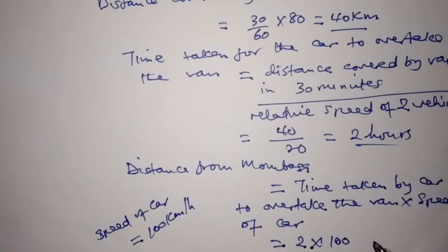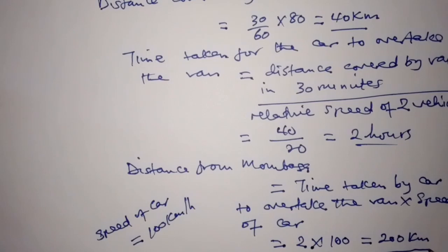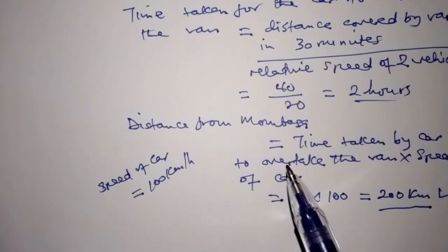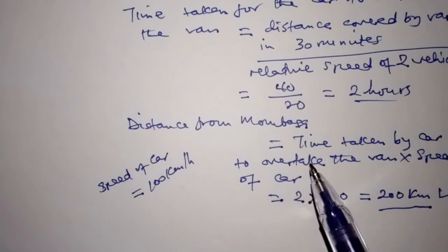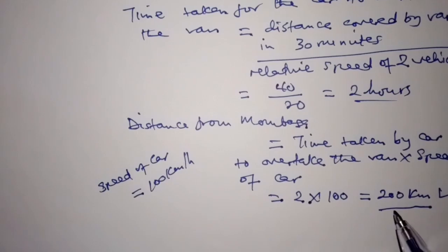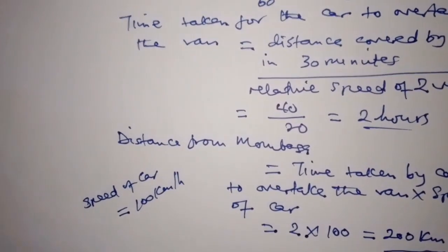That is giving us 200 kilometers. So the distance from Mombasa the car overtook the van is 200 kilometers. That is the required answer.